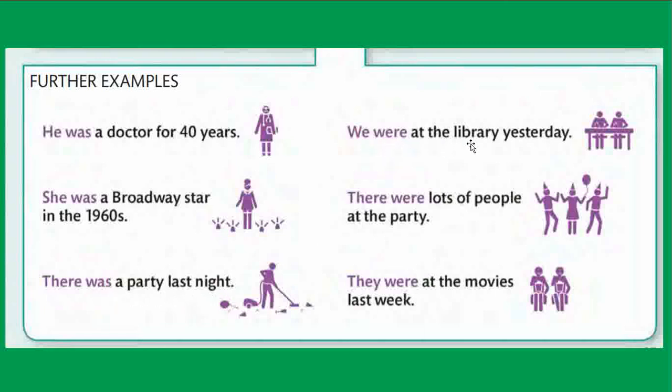We were at the library yesterday. We is plural, that is why were is used. There were lots of people at the party. Were is the word that goes with there in the plural context. They were at the movies last week. This is also in the plural context.